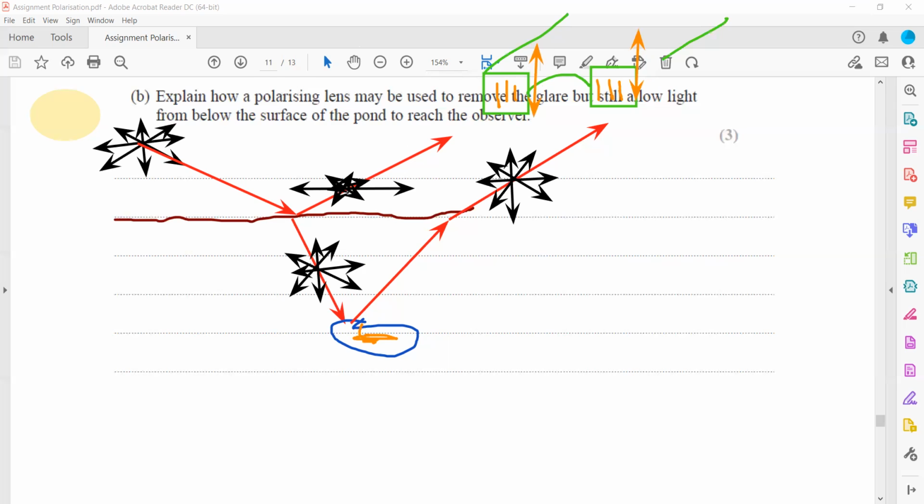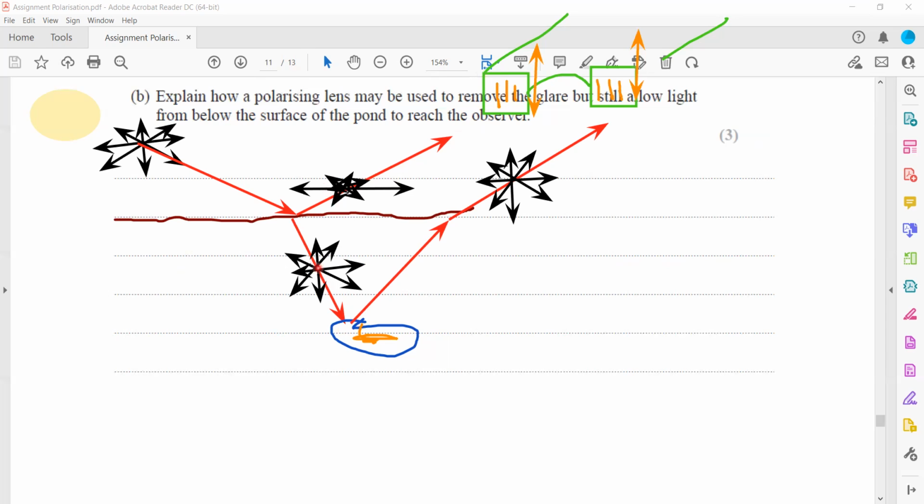So how will you write the answer for this? The idea is that the plane of the polarized light which is reflected from the sun should be perpendicular to the polarizer, or 90 degrees. The angle between them should be 90 degrees, so it will block all the light. So glare or the reflection is blocked or absorbed by the lens.